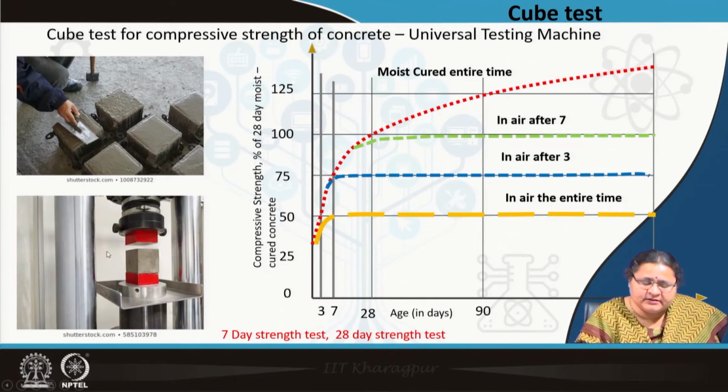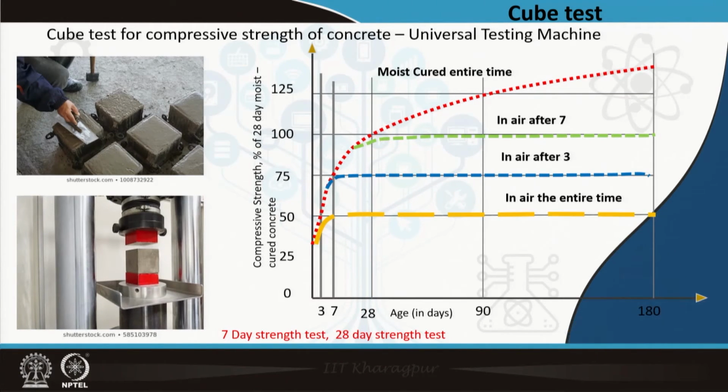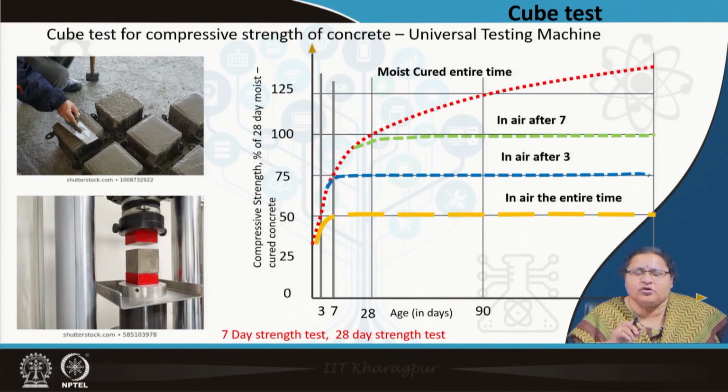Whether these samples comply the design strength is actually noted through this cube test. So, once this cube test is done, you can assure your client that yes, your concrete has taken the maximum strength, and that is what you had tried to achieve.